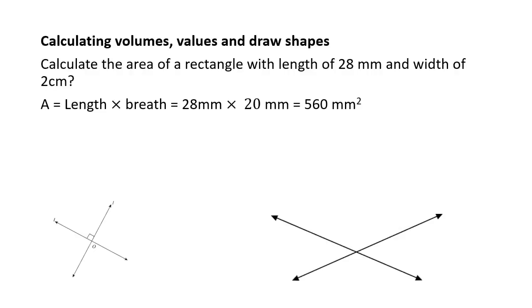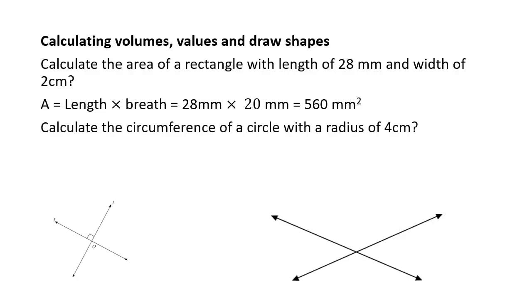Now, you have 28 millimeters times 2 centimeters. So you need to convert the centimeters first to millimeters, and that 2 centimeters becomes 20 millimeters. And that is, you multiply 20 times 28, and that becomes 560 millimeters square. That is your area.